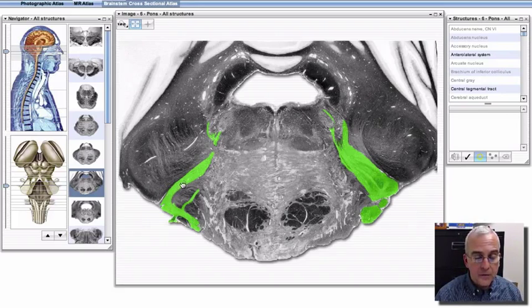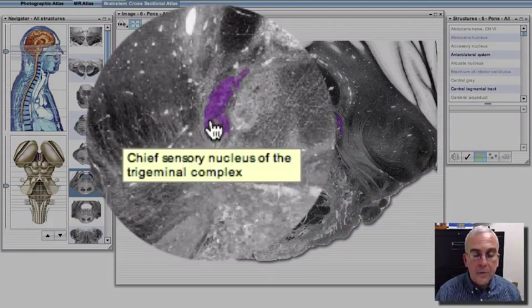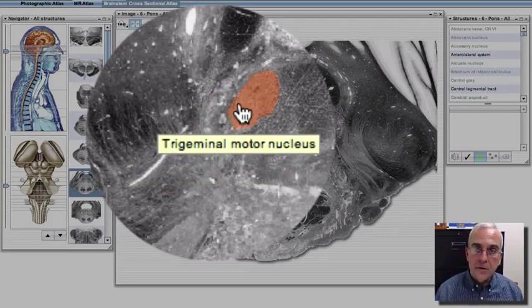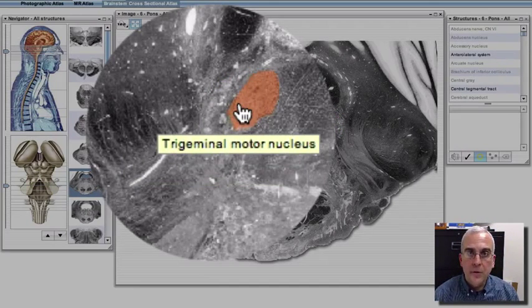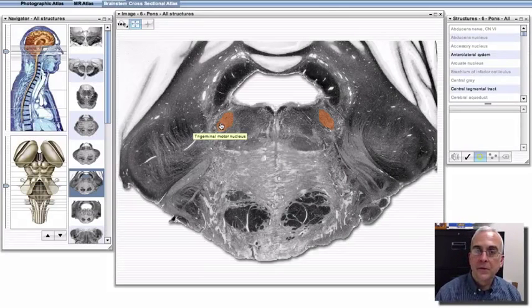And if we follow these nerve roots back, they connect to a set of nuclei. So more lateral is where we find our chief sensory nucleus of the trigeminal complex, also called the principal sensory nucleus. And just to the medial side of that nucleus, we would find the branchial motor nucleus, the trigeminal motor nucleus.